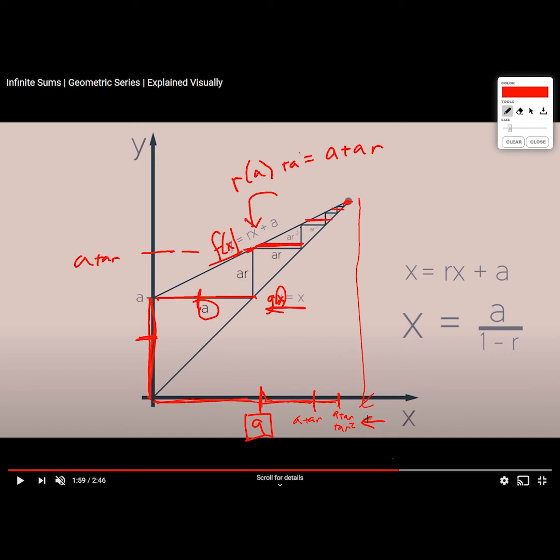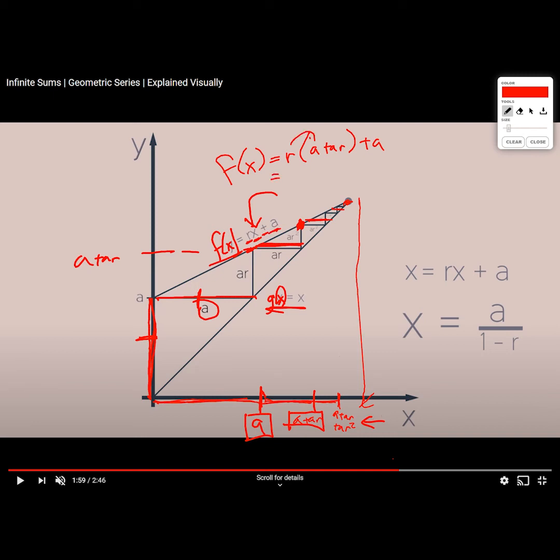And then if I plug in the next x value to find what the height of my equation is right here, let's erase all that, I'm going to get f of x equal to r times my x value, which was a plus ar, and then plus a, so r times my x value plus my starting value.